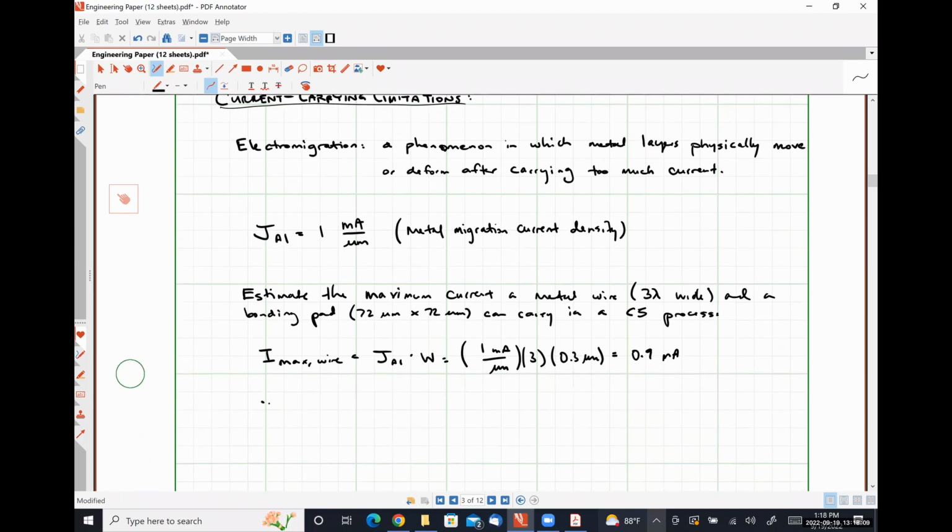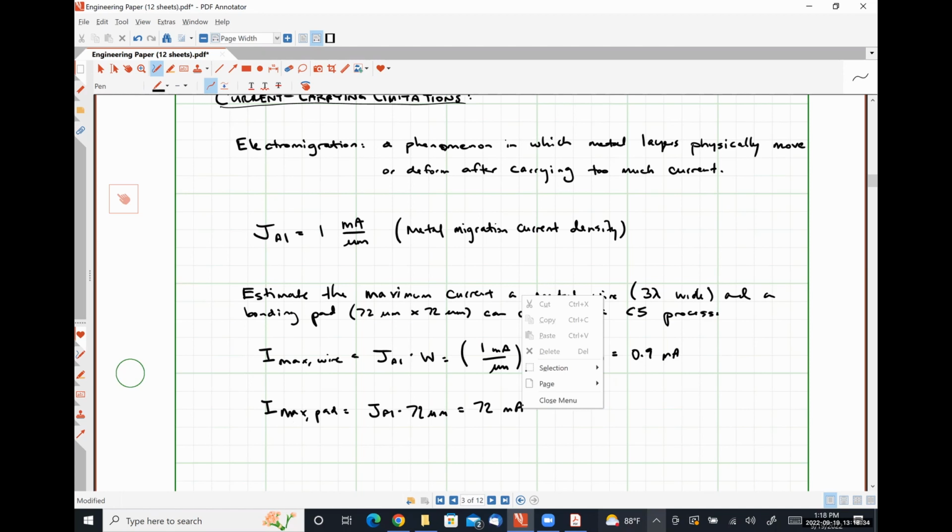For our bonding pad, it doesn't particularly matter if we use the width or the length since they're the same. If we have a square bonding pad, this is obviously going to come out to 72 milliamps, right?